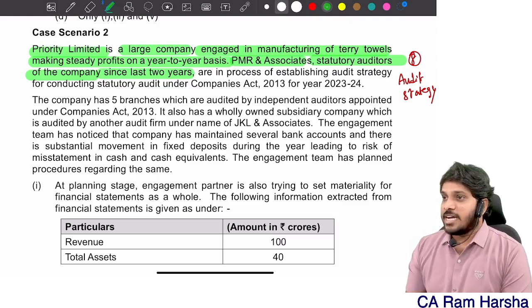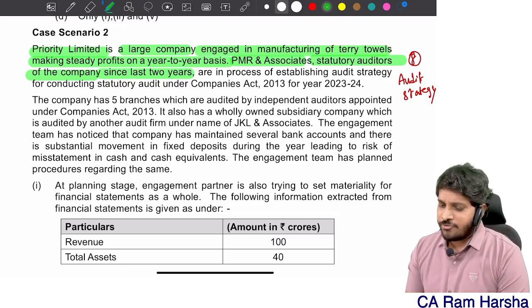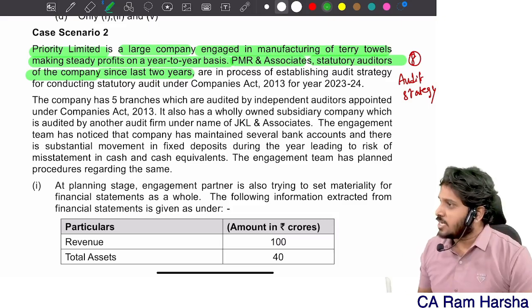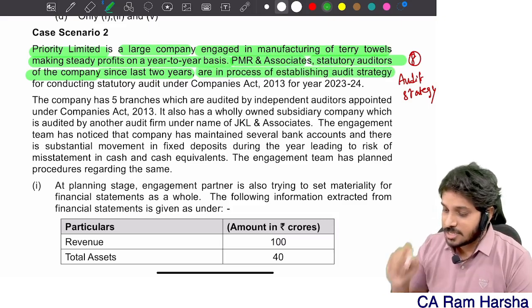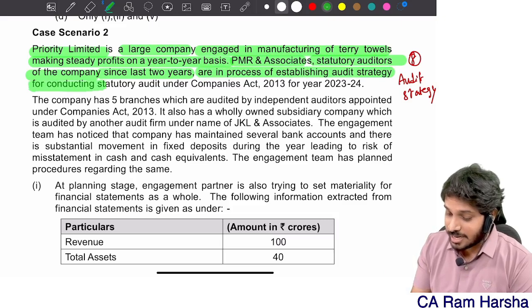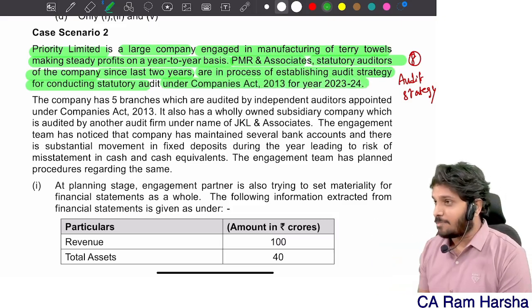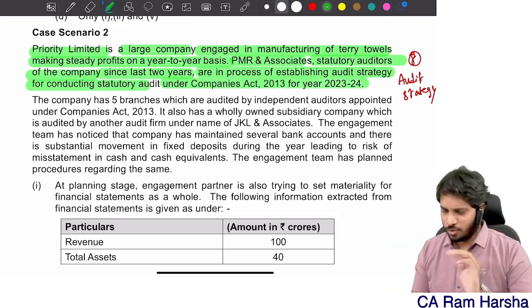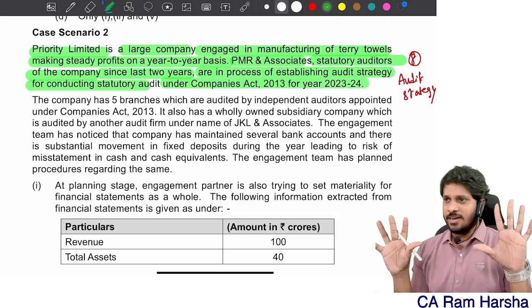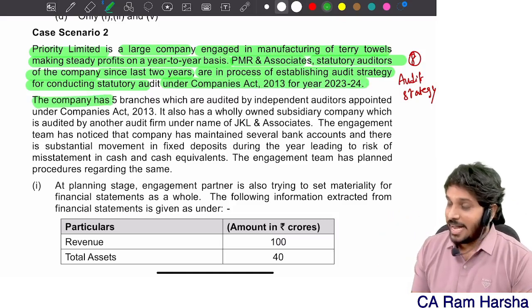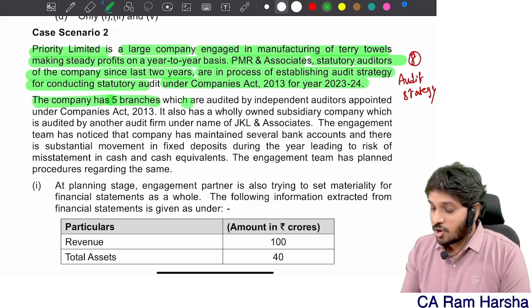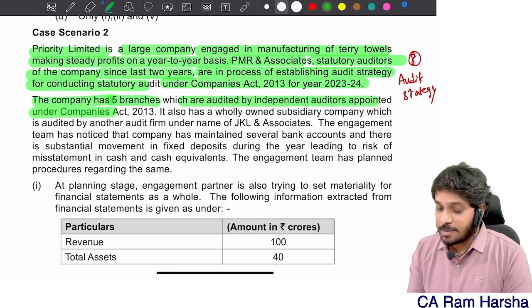PMR and Associates, statutory auditors of the company since last 2 years, are in the process of establishing audit strategy for conducting stat audit under Companies Act for the year 23-24. Okay. Remember the case study? The company has 5 branches which are audited by independent auditors appointed under the Companies Act.